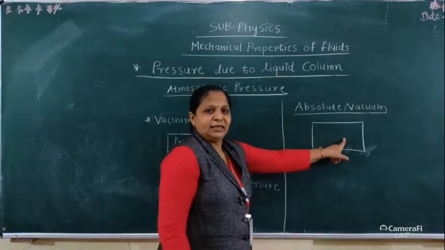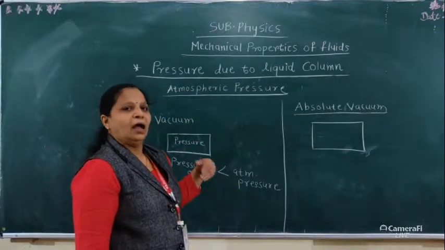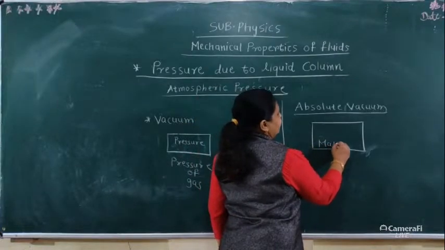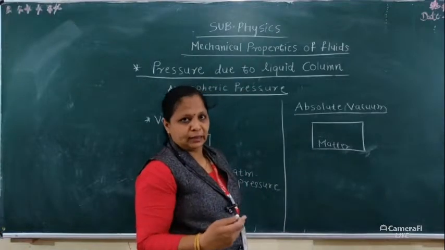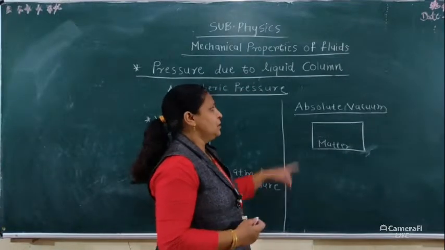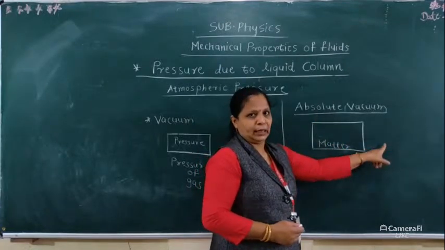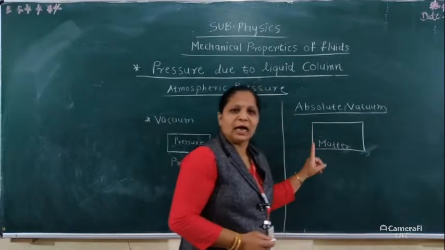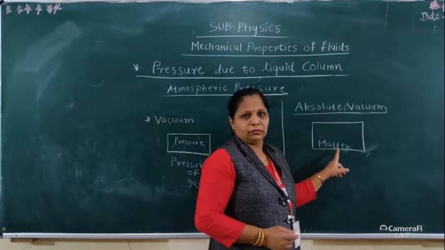The pressure of this region is also less than atmospheric pressure and matter is absent. Matter means molecules and atoms; they are absent. So this region is known as the absolute vacuum. When matter or molecules or atoms are absent, then the region is known as the absolute vacuum.